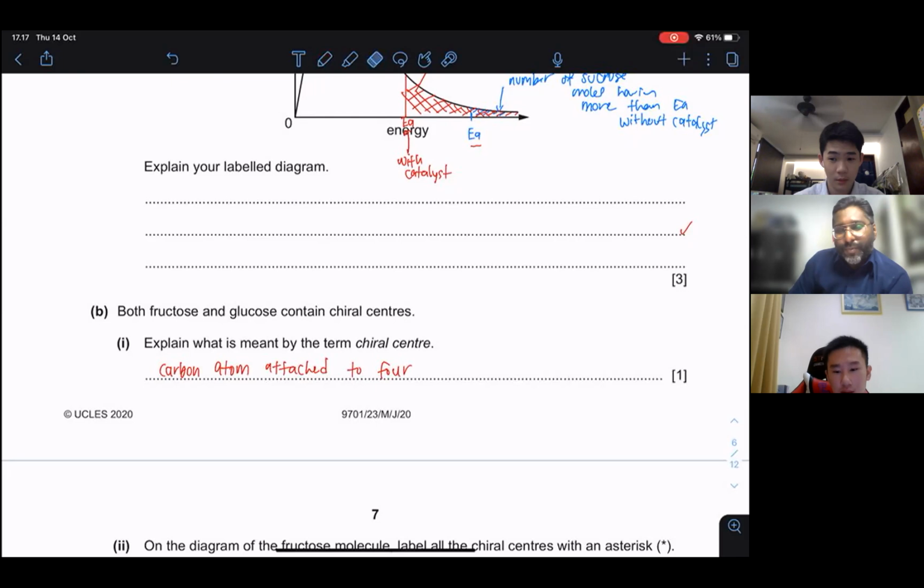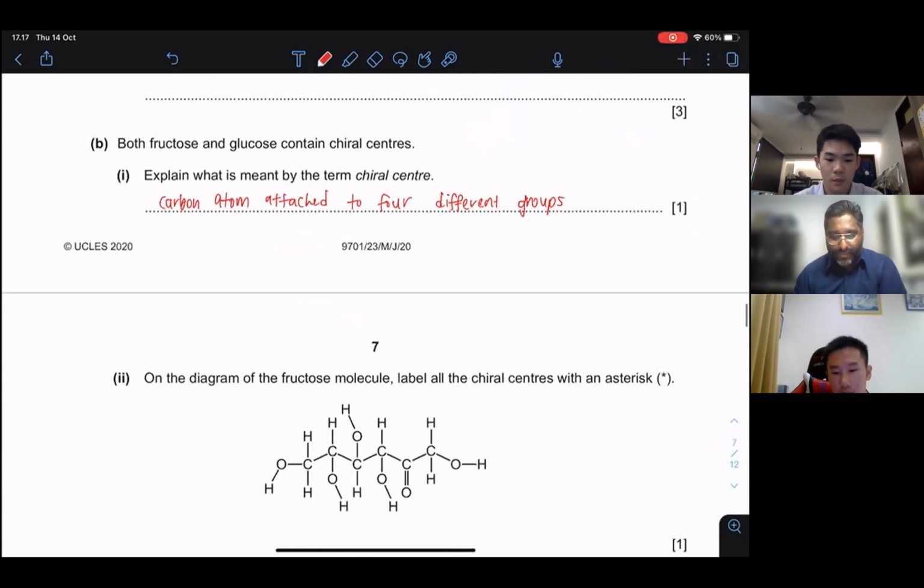Okay, rather than saying R group, because the R group can also be Cl, can also be Br, you just need to mention 4 different groups. So it is not only limited to R group. It can be Cl, it can be anything, but as long as there must be 4 different groups. That's the meaning of chiral center.